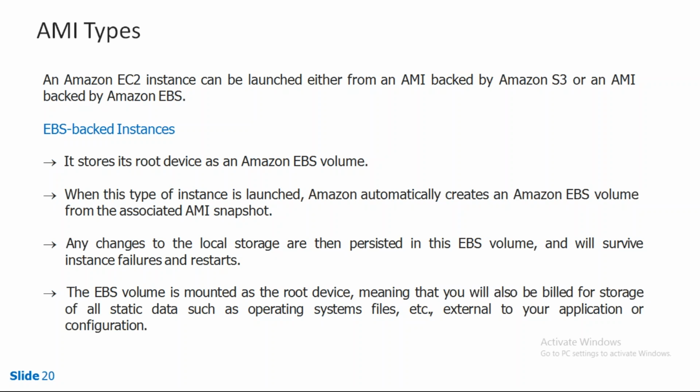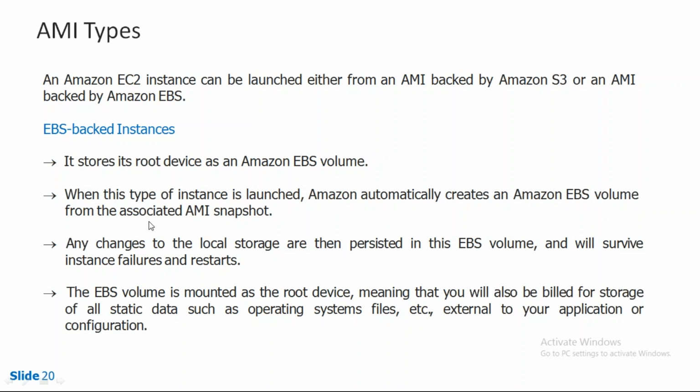EBS volume is nothing but the storage disk. In that, the OS and all the software are installed, so that if something goes wrong with your instance, you can still retrieve it from that volume whichever is there in your account.